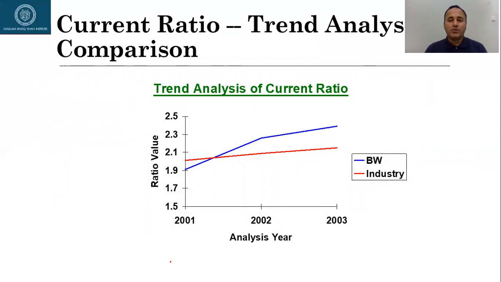If you plot those ratios, it's called trend analysis because we are comparing ratios for different years. Here, Basket Funders in the last 2 years is outperforming the industry, which is a good sign. Graphs always help.